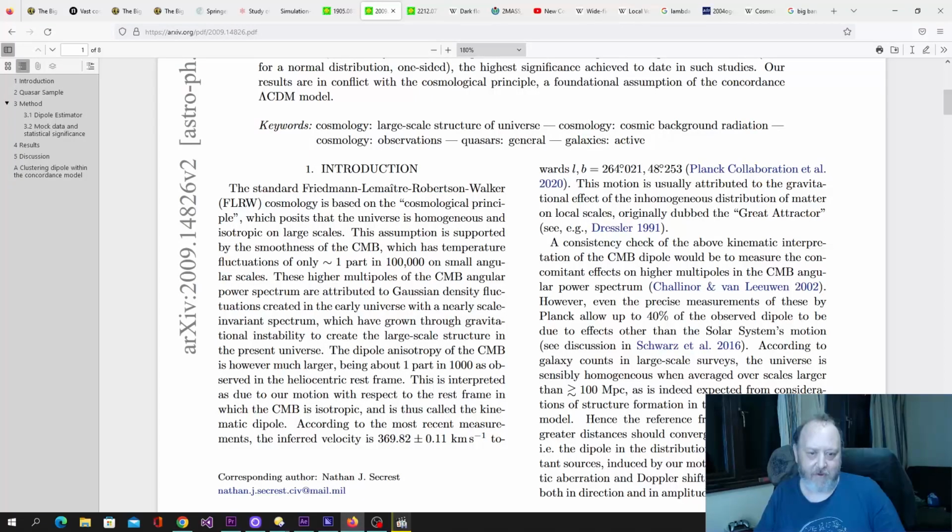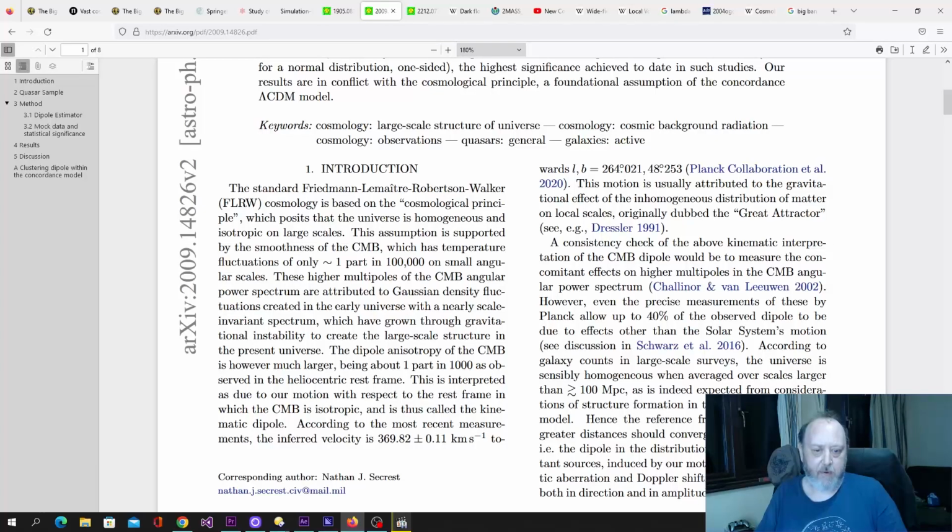These higher multipoles of the CMB angular power spectrum are attributed to Gaussian density fluctuations created in the early universe with a nearly scale invariant spectrum, which have grown through gravitational instability to create the large-scale structure in the present universe.